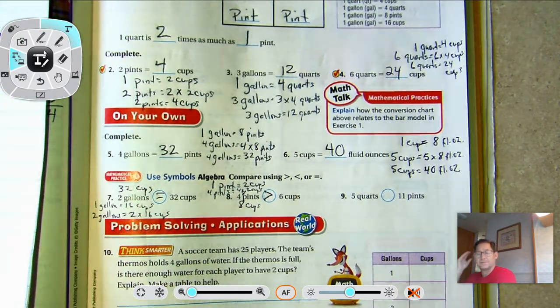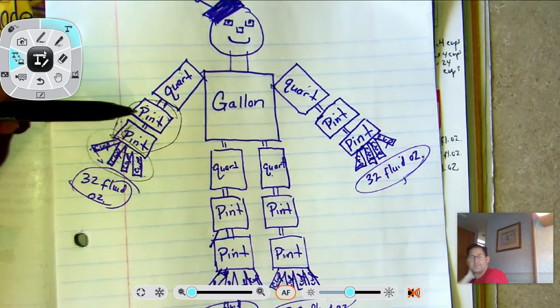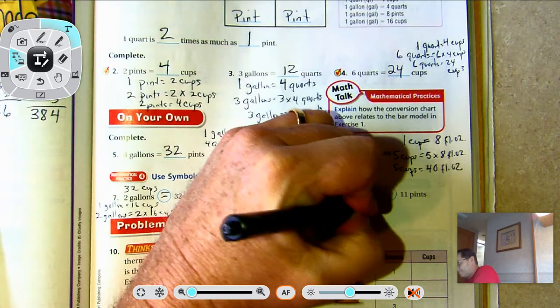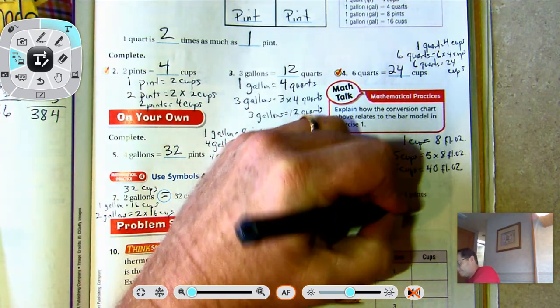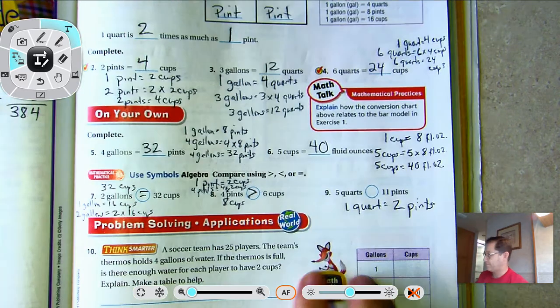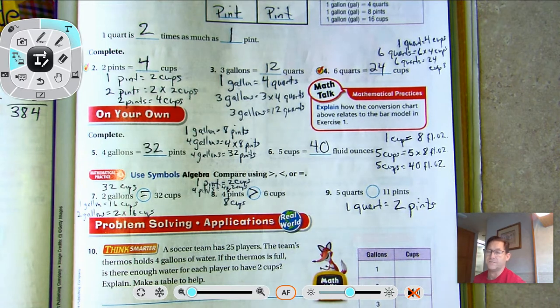5 quarts compared to 11 pints. Every quart has 2 pints. Okay, again, we want to change these into matching units just so it's easier to compare.